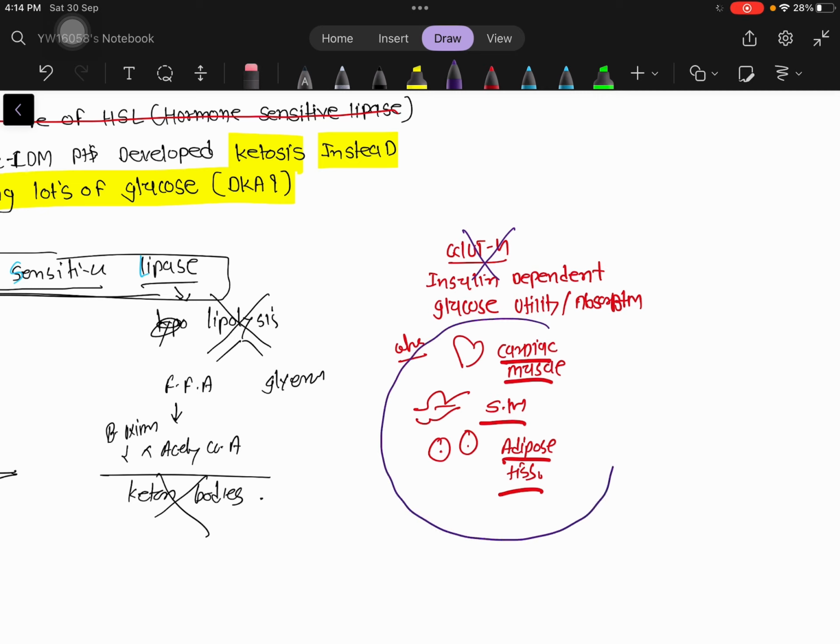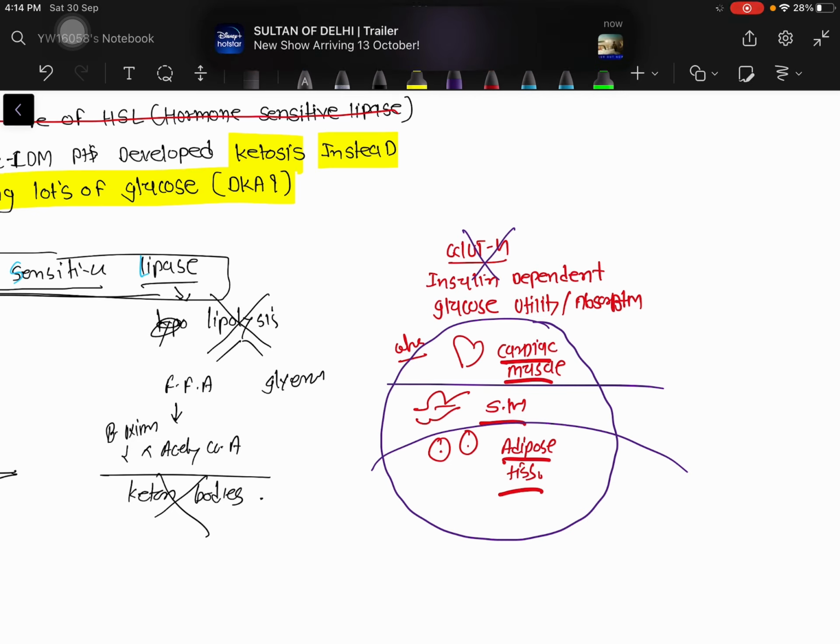But in our body the skeletal muscle is continuously working when we go out walking, and adipose tissue is resting, but whenever we need fuel we activate the adipose tissue. So these three sites continuously require glucose. Glucose means ATP, so from where are they getting ATP?